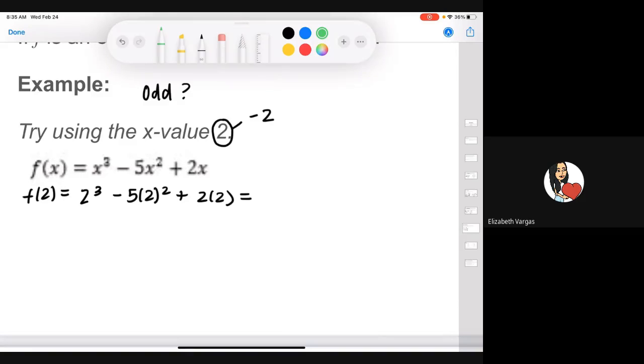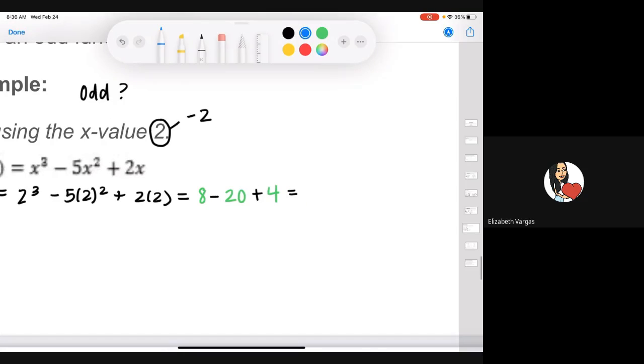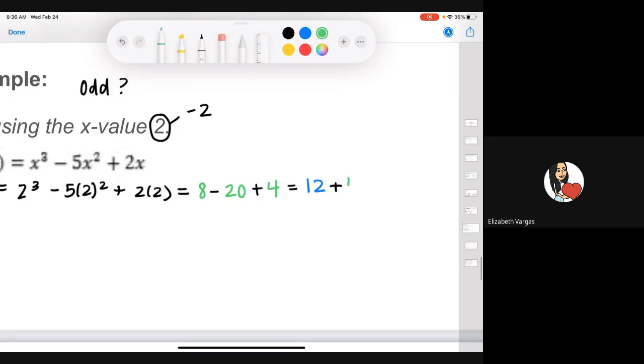And this gives me 8 minus 20 plus 4. And when I do that, I'll get 12 plus 4.